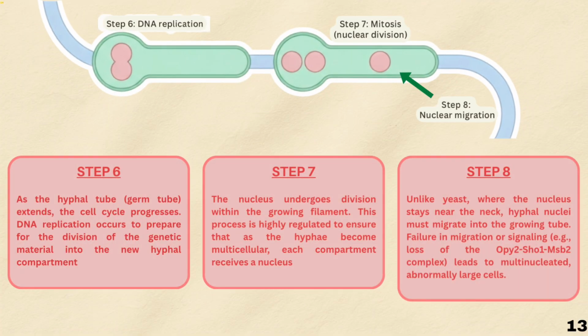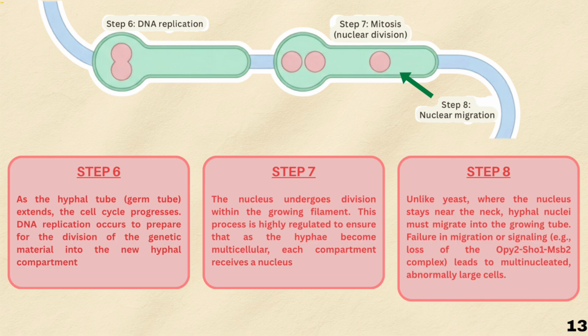As the tube stretches out, the cell needs to manage its internal organization. It begins DNA replication to prepare for the division of the genetic material in the new hyphal compartments. The nucleus undergoes mitosis within the growing filaments, and this process is highly regulated to ensure that as the hyphae become multinuclear, each compartment receives a nucleus.